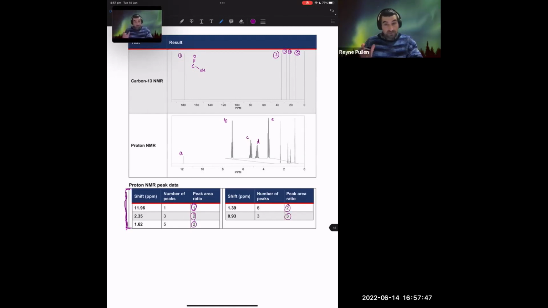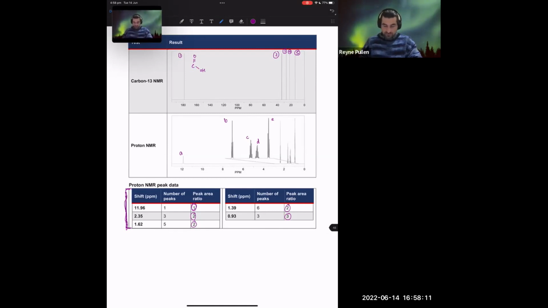This should hopefully trigger some ideas that we've once again got a single chain, with similar proton environments that differ in placement, but with similar area ratios.